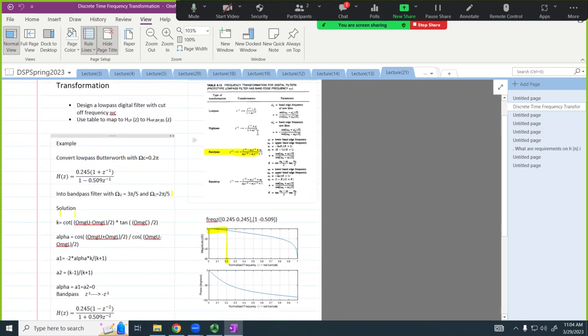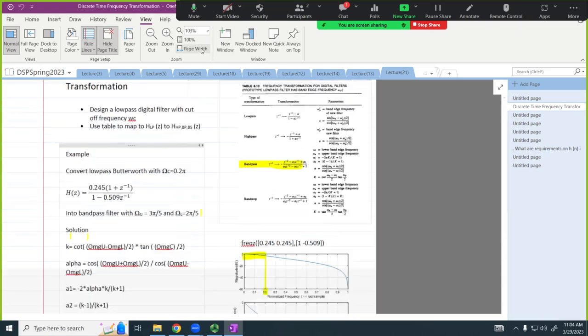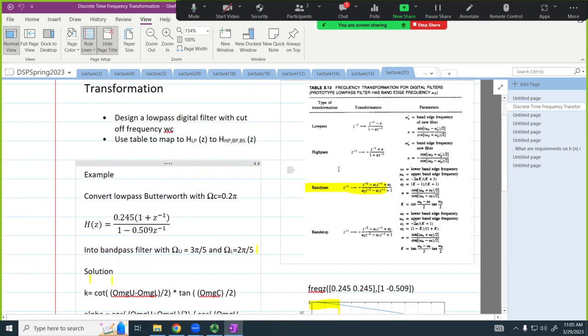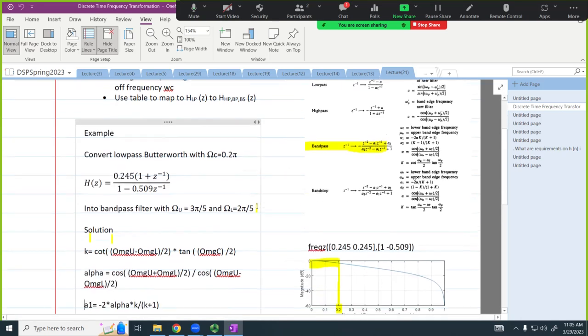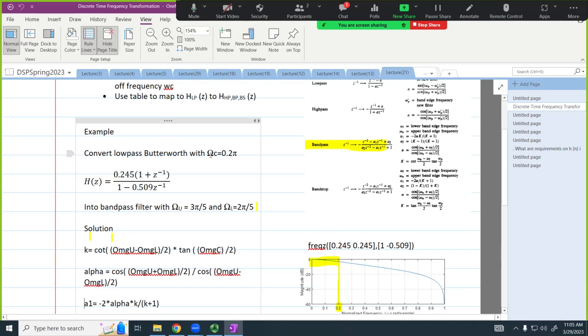This is what the table looks like of the transformation from a low-pass filter to any other filter. So the idea is you design the low-pass filter, then you use these formulas to convert the filter to any other filter. Make sense?